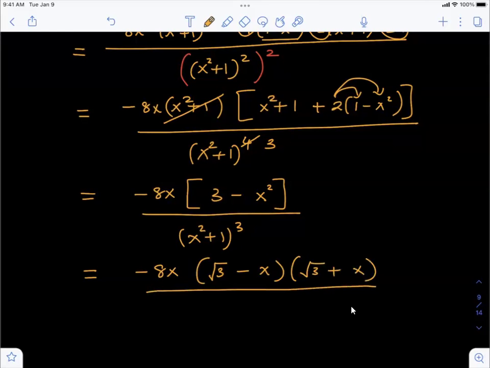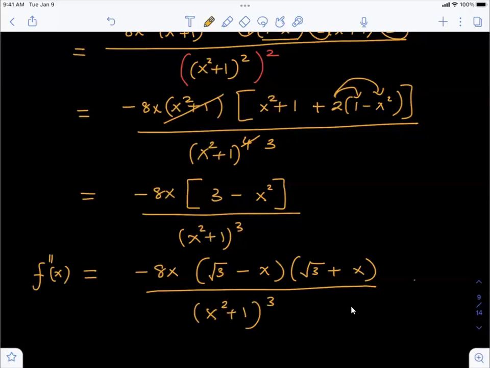The whole thing is divided by x squared plus 1 to the cubed. Now, that is the ground level that we can see for the second derivative. This is our second derivative computation.